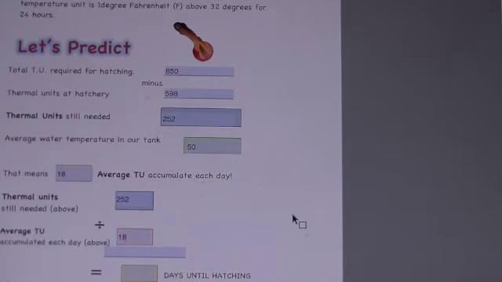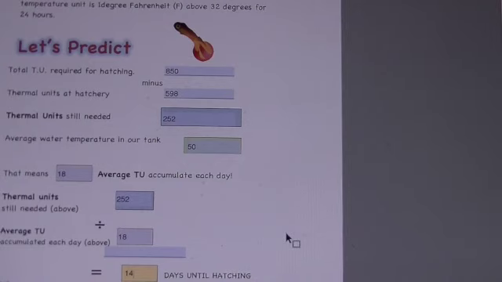So now to figure out how many days before hatching, we're going to divide 18 into 252. Can you help us figure out what that number is? Okay, if you figured out 14, that is correct. So that means 14 days from today, which is November 11th, is when we anticipate our salmon eggs to hatch.